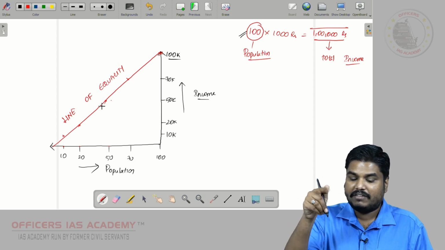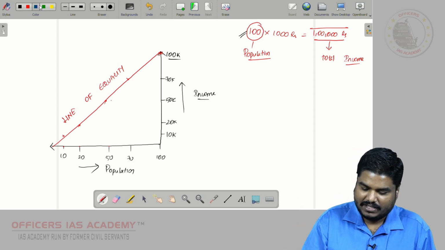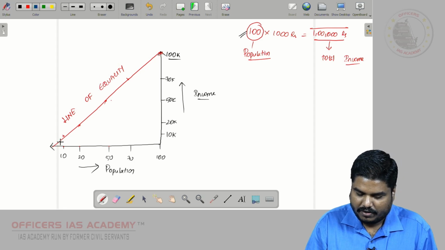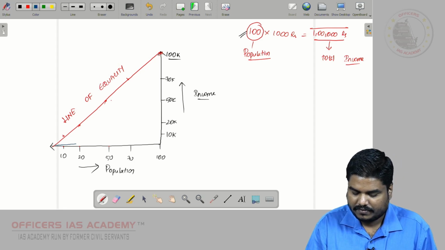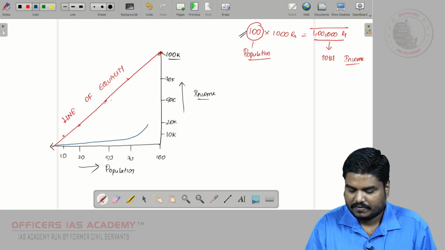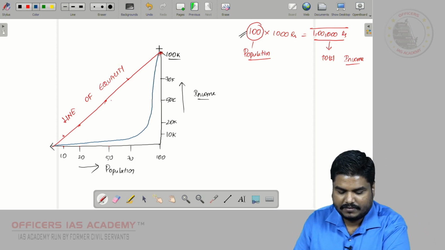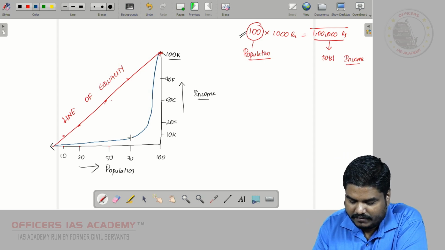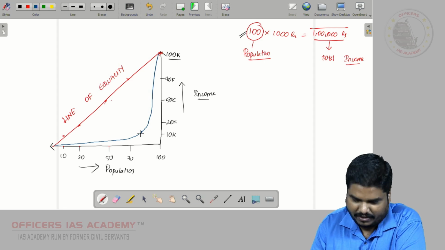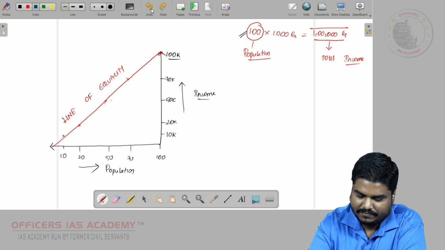When you plot it, it is going to be like this. Let me redraw the graph.